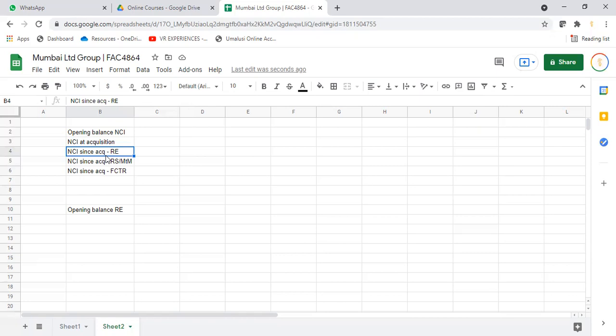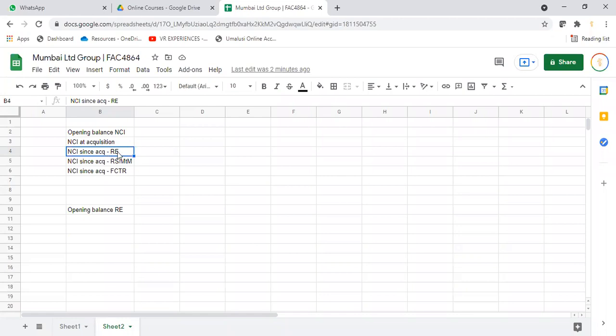Once I take the number from the trial balance as is and adjust for group adjustments, I get to a profit or loss number, or a retained earnings number from a group perspective, representing 100%. So now that's a clean number. Now I do the split between what of that number belongs to the parent and what belongs to NCI.